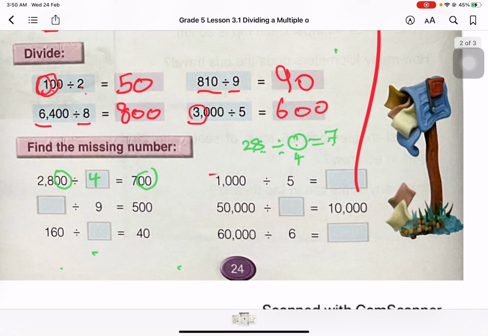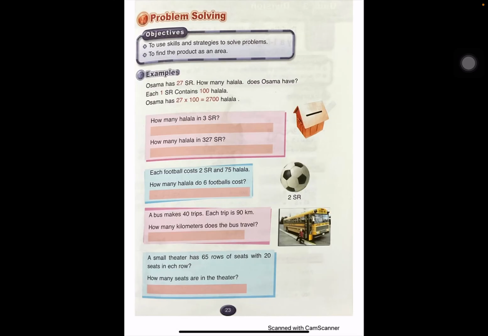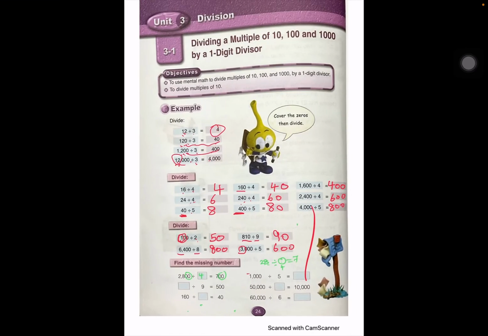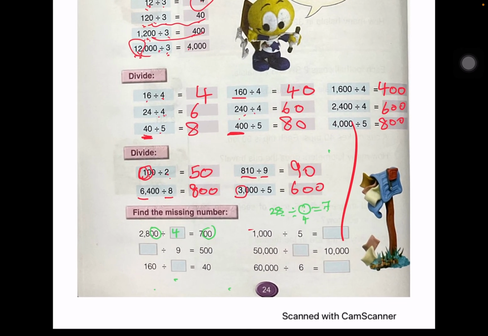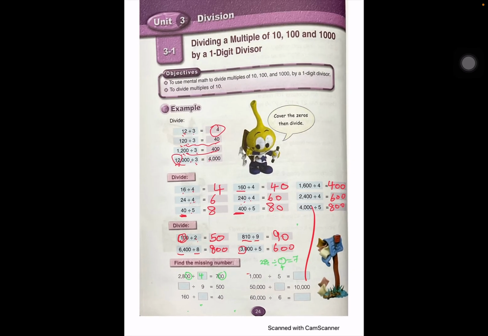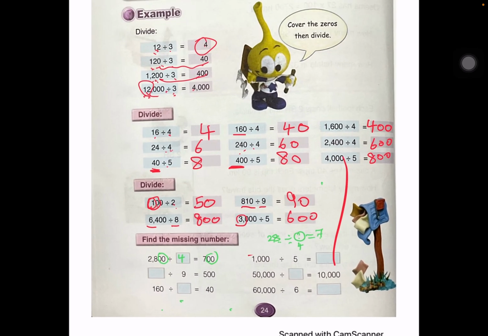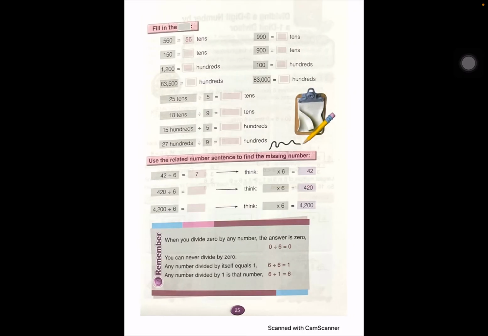Now, here, look at the second sentence. What number do you divide by 9 to get 500? To know what the dividend is, you are going to do what?